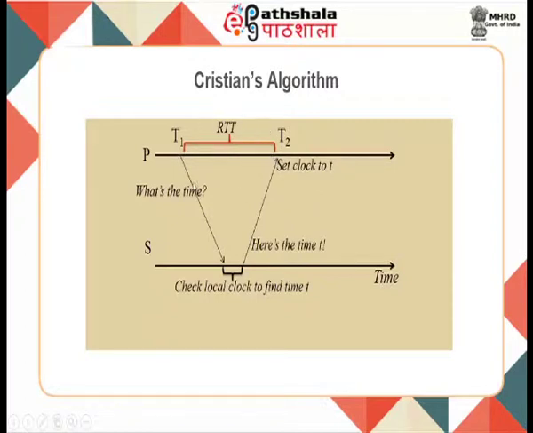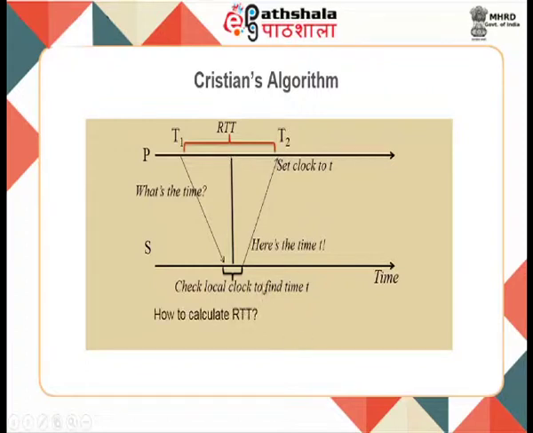Now, what should we do with RTT? Half of this time is what we should consider, because T was approximately calculated here. So half of RTT is what we should adjust our clock with.